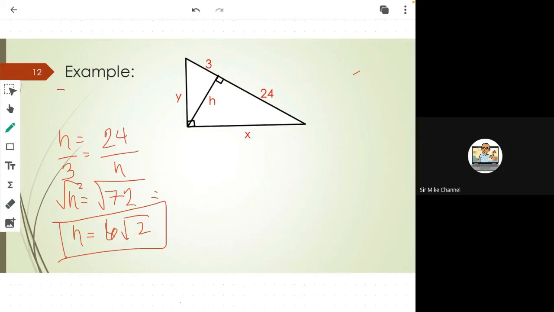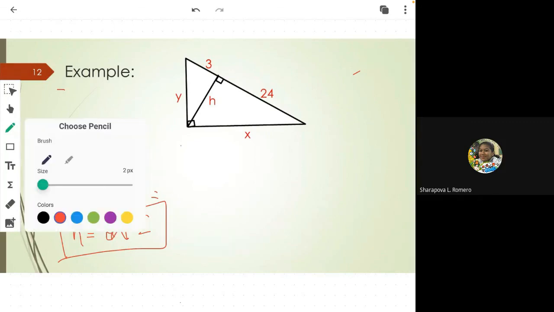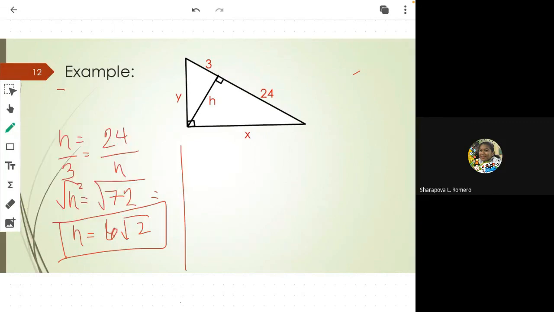Romero. Sir, I will take letter X po. Okay, X. So, the formula I used is X equals the square root of 27 times 24.